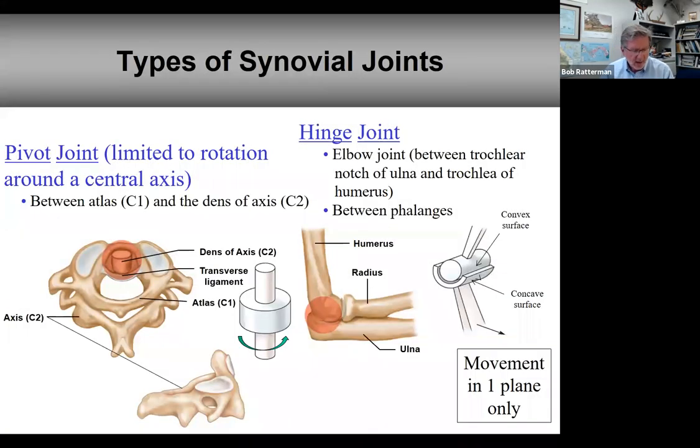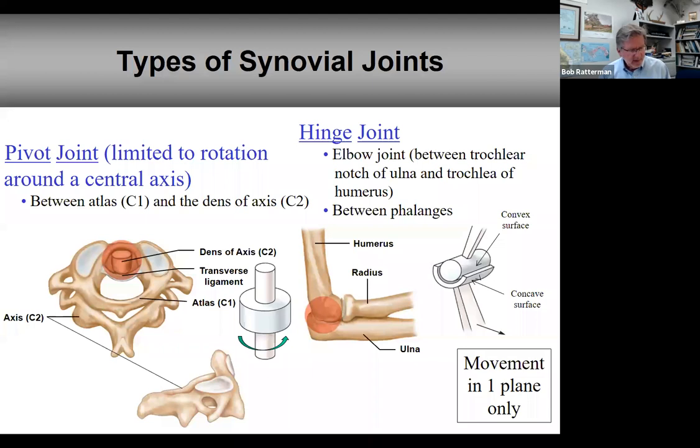And we're going to talk about some examples of diarthrotic synovial joints. Most of these are diarthrotic. And we'll also wrap up talking about some specific joint movements. So this will be a very short module.